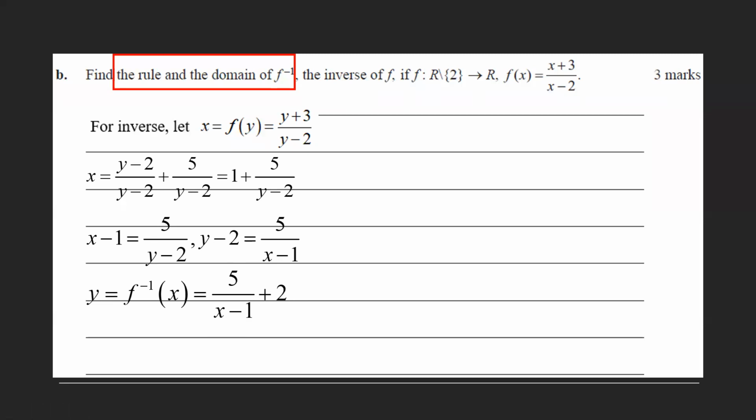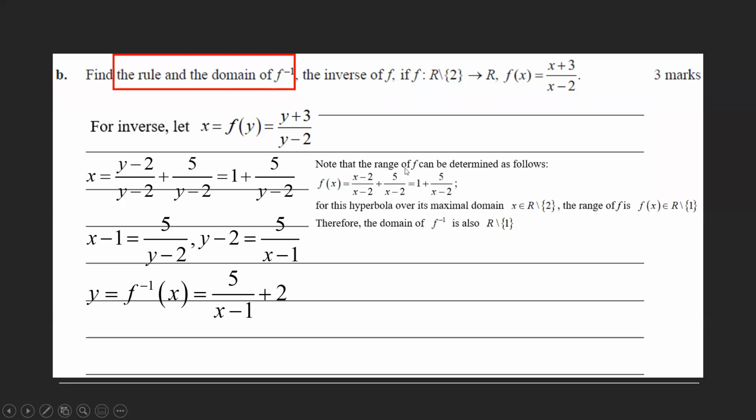Well, if you are up to this point, you are not fully answering the question. You still need the domain of f inverse. As I just said before, for this hyperbola, the maximal domain is x is all real numbers excluding 2. So the range is all real numbers excluding the value of the horizontal asymptote, 1.